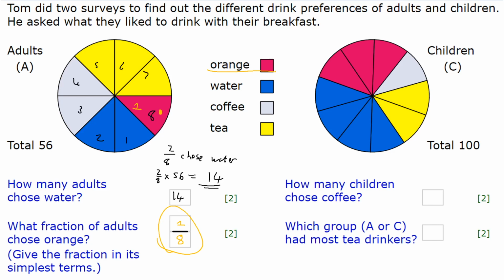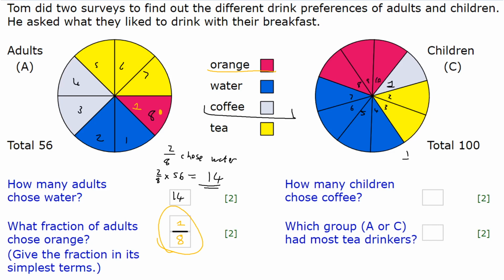How many children chose coffee as their favourite drink with breakfast? Well, over here we can see that the coffee represents the grey pie. So that's just 1. But how many are there? There's 1, 2, 3, 4, 5, 6, 7, 8, 9, 10.